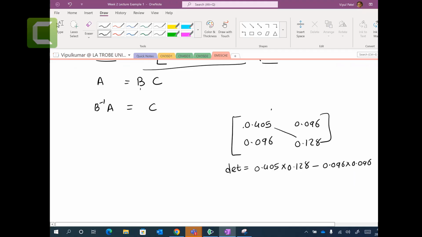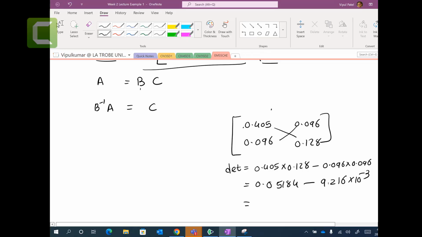So if I use the calculator, 0.405 times 0.128, you get 0.05184, take away 0.096 times 0.096, you get 9.216 times 10 raised to minus 3.